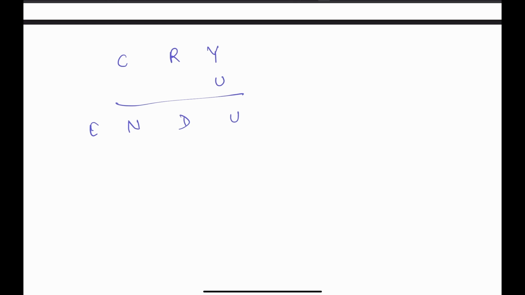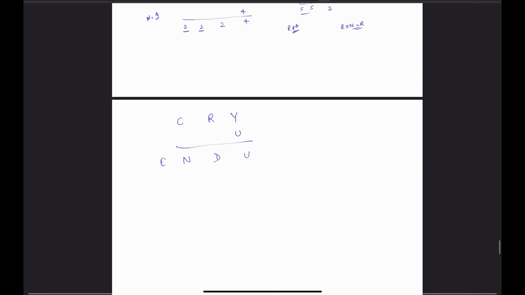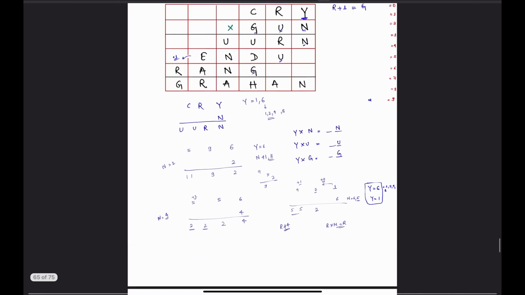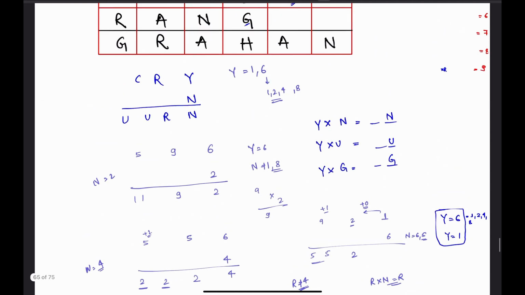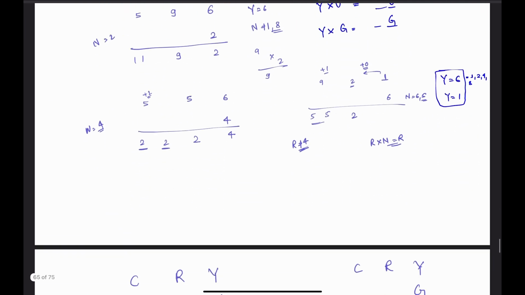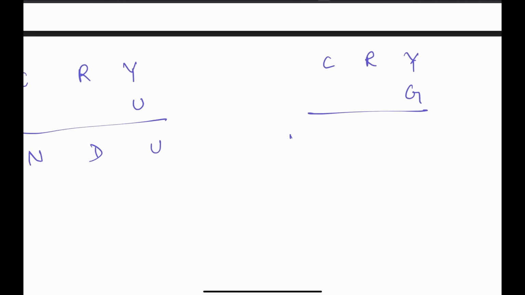R into U, we are getting D, and U into this one we are getting EN. And the last one is CRY into G, what I am getting here is R-A-N-G.